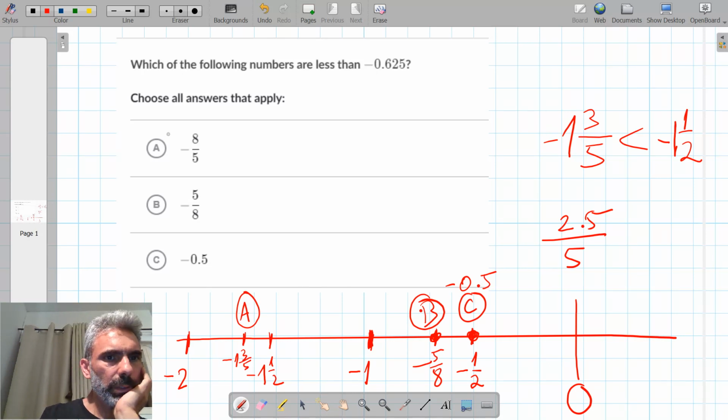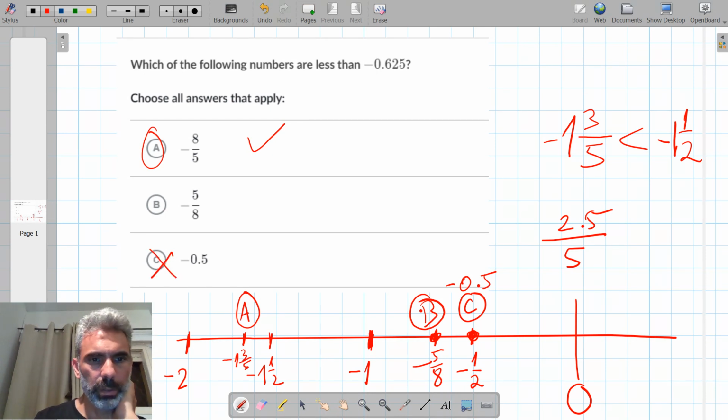So point A is definitely less than minus 0.625. Point C is definitely not less than minus 0.625, because minus 0.625 is to the left of point C. So point C, which is minus 0.5, is greater than minus 0.625.